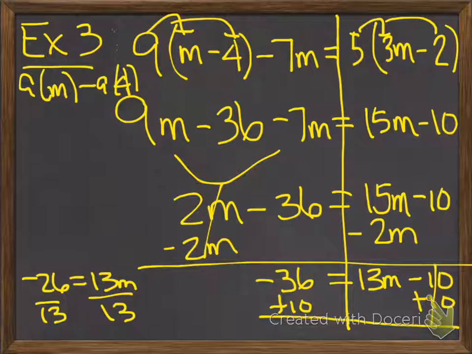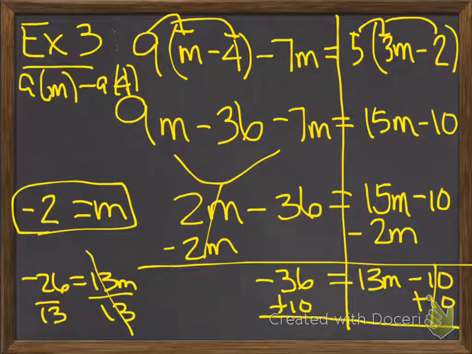And we get? You got it, m equals negative 2. Questions on that? Okay.